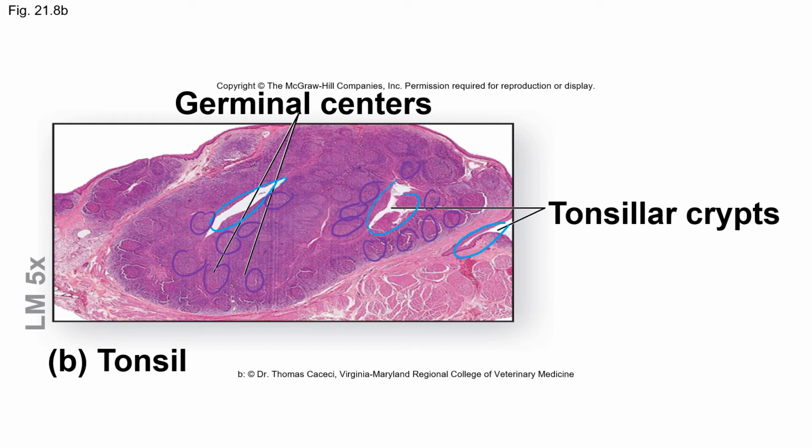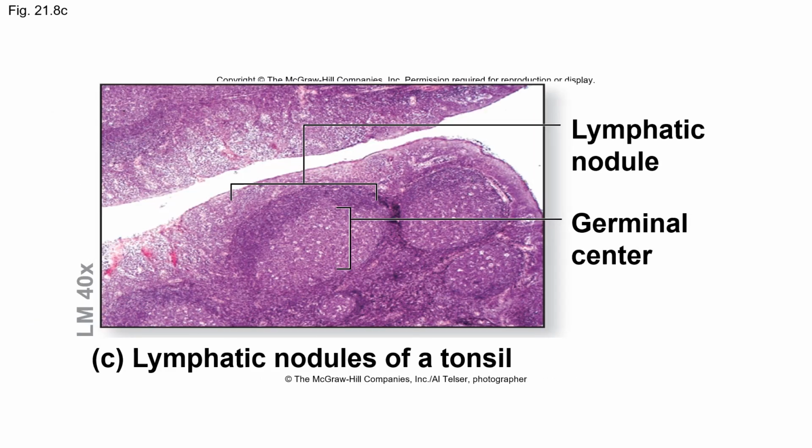They have important jobs to do, and like any other part of your body, should not be removed unless absolutely necessary. This is a zoom in on one of those tonsillar crypts here, and one lymphatic nodule with its germinal center here in the tonsil.